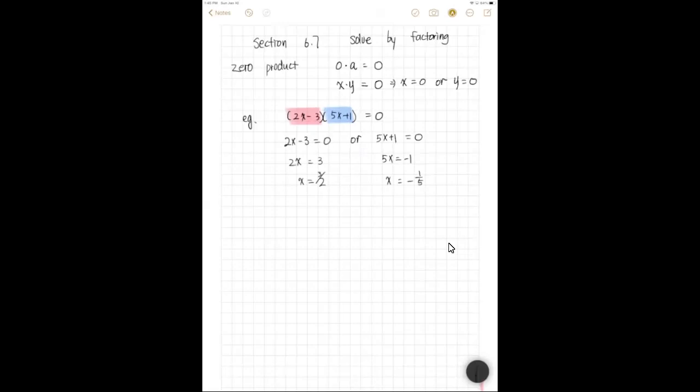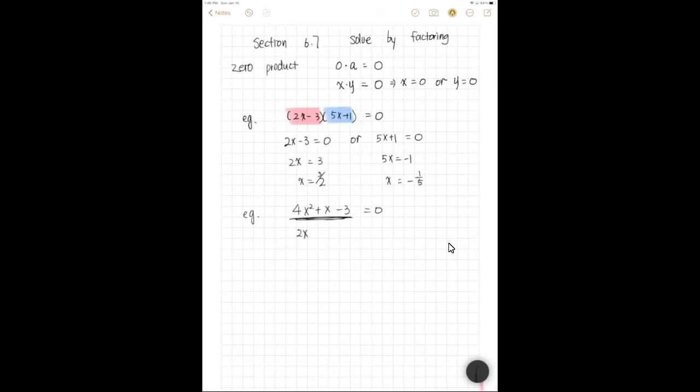Okay, so now we will combine what we learned before. First of all, we turn our equation into factor form, and then by using the zero product rule, we can solve for x. For example, we have 4x squared plus x minus 3 equals 0. First of all, what do you see? 3 terms, and they're not multiplied by each other, right? So now what we can do is convert this into factors. So we use our cross multiply method.